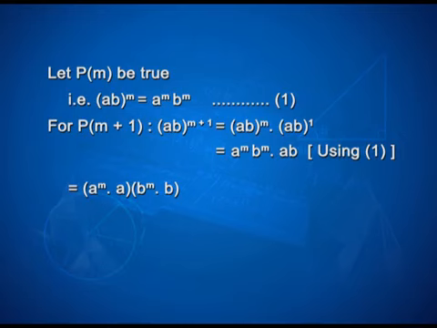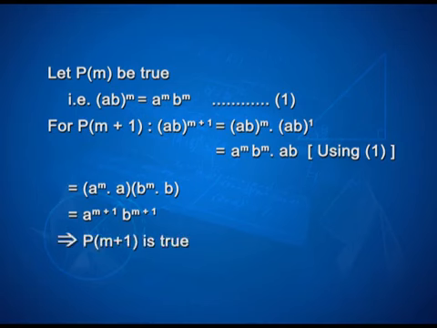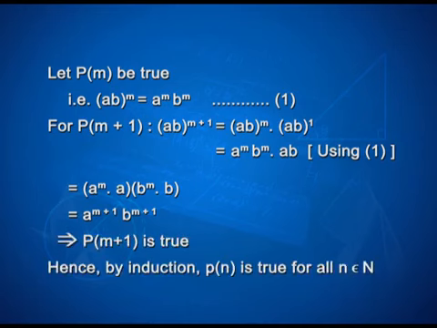Here we are using laws of exponents. When the bases are same, you can add the powers. So, it can be expressed as a power m plus 1 into b power m plus 1. That implies P of m plus 1 is true. Hence, by the principle of mathematical induction, P of n is true for all natural numbers n.